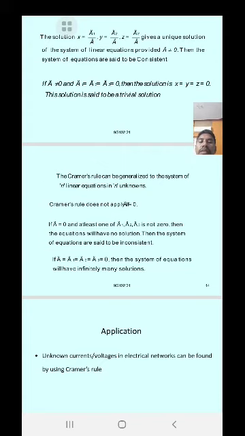Then the system of equations is said to be inconsistent. If delta equals delta 1 equals delta 2 equals delta 3 equals 0, then the system of equations will have infinitely many solutions.